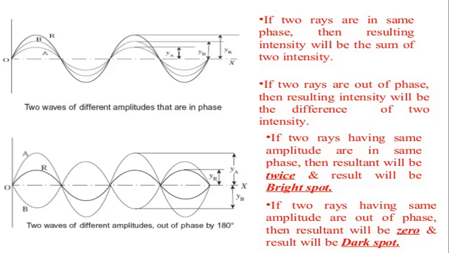And if two rays having the same amplitude are out of phase, then the resultant will be zero and the result will be a dark spot. So these are the different types of interference points referring to interferometers.